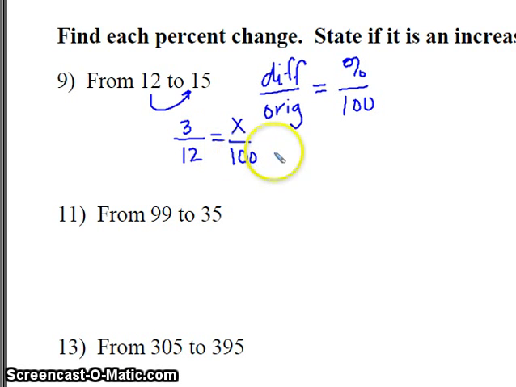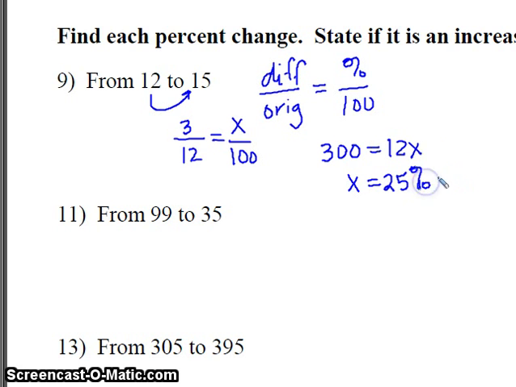When we cross multiply here, we get 300 equals 12 times x, and we're going to take 300 and divide by 12, and that looks like a 25%, and that would be a percent increase, because it went from 12 to 15.